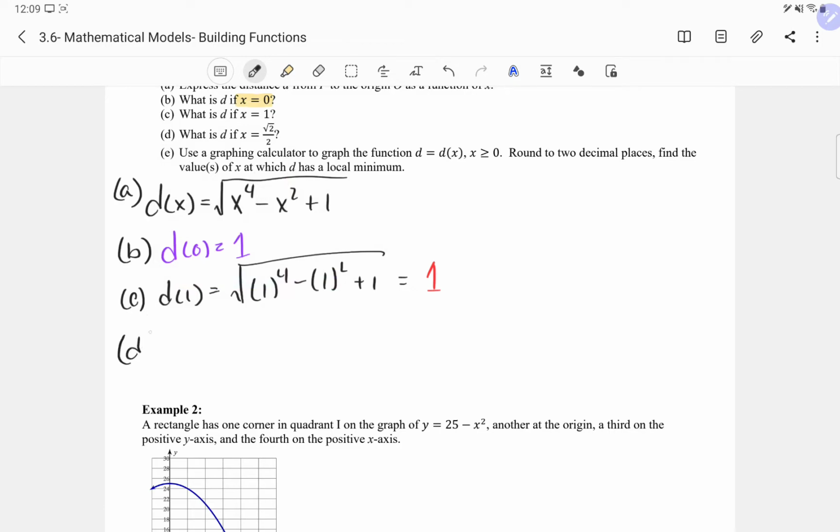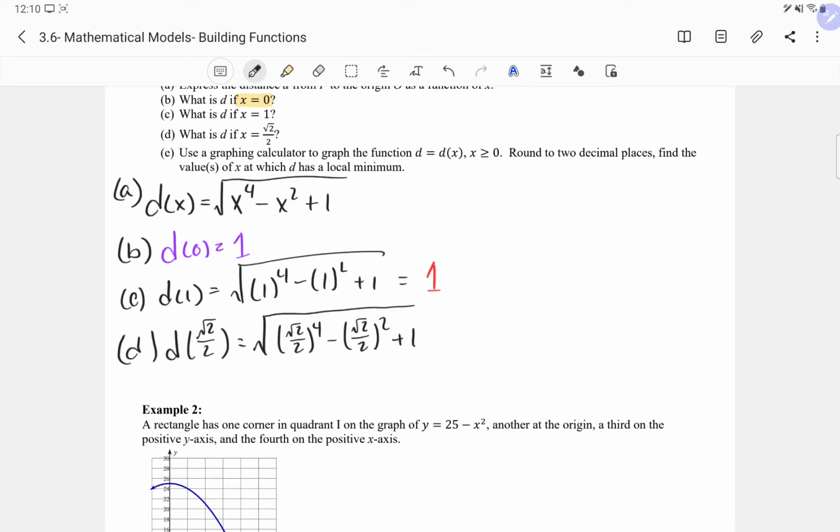Part D is saying what is the distance if x is equal to the square root of 2 over 2. So the distance of the square root of 2 over 2 is equal to the square root of the square root of 2 over 2 to the 4th power minus the square root of 2 over 2 to the 2nd power plus 1.